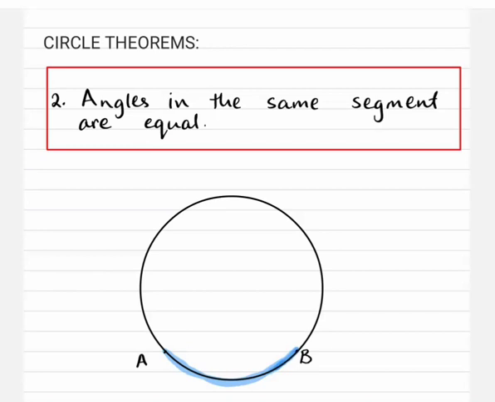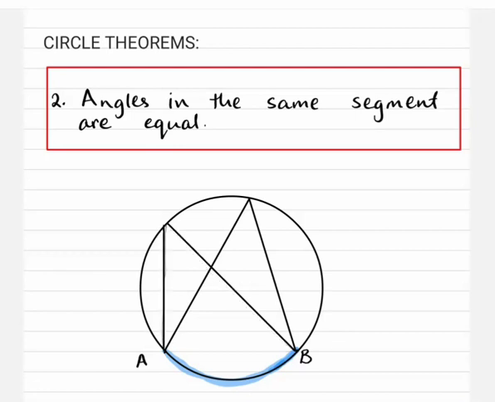Now, if our arc then forms angles to the circumference like this, and forms again another one to some point on the circumference like so, okay, forms another one maybe to a different point again like this.